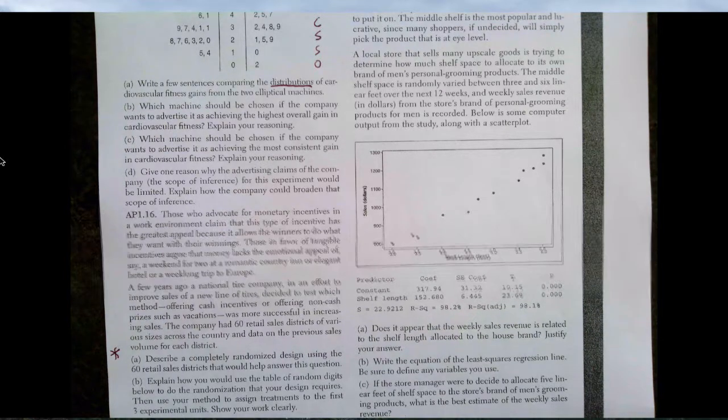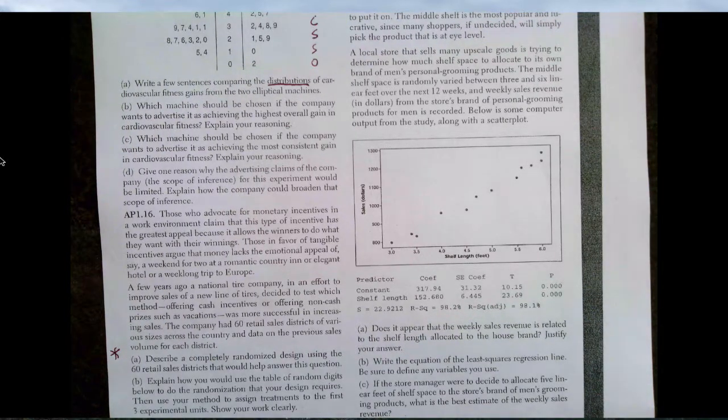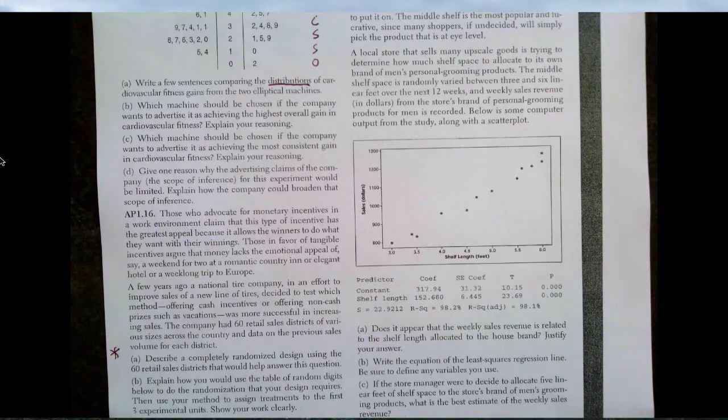So that's random selection. Now I need to randomly administer the treatment. There are 2 treatments, so we might as well flip a coin. If it comes up heads, that would be the money incentive, and tails means that the selected district would receive the tangible prize, like the vacation.